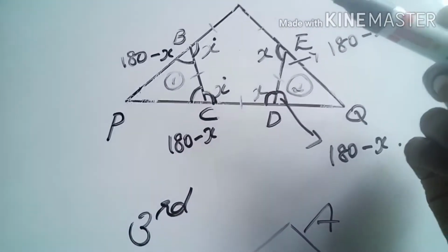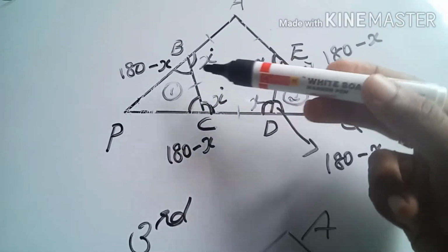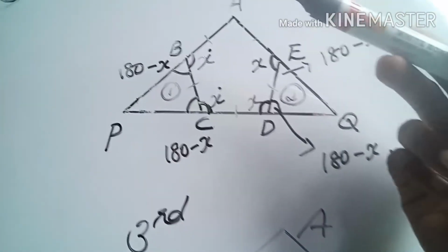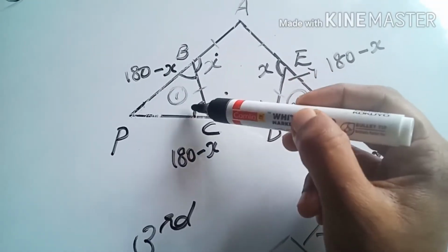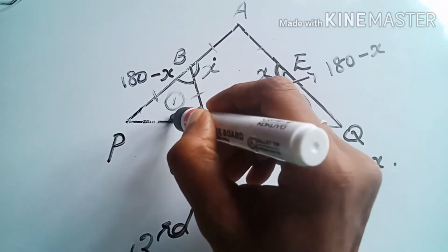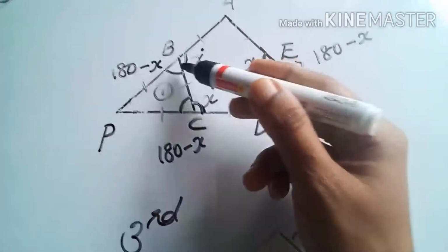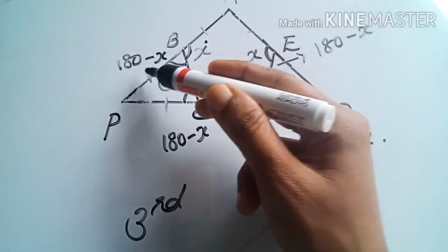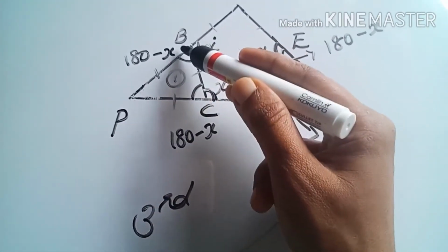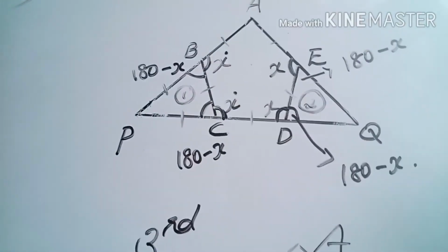If triangles are equal, the sides opposite to equal angles will also be equal. So these two angles equal means these two sides will also be equal. This angle's opposite side and this angle's opposite side, that is PB and PC, are equal.